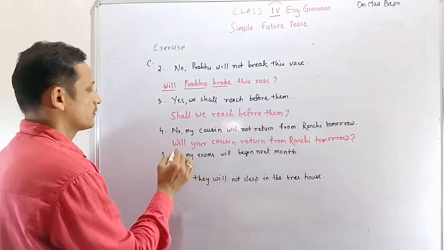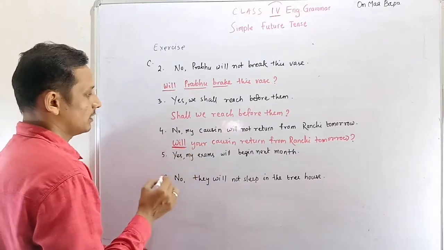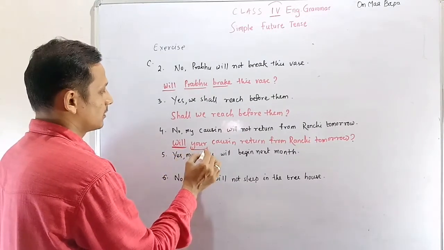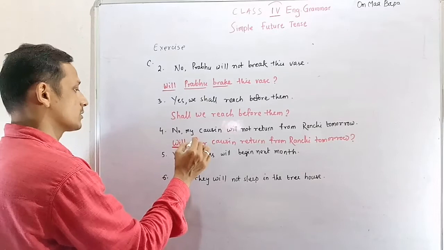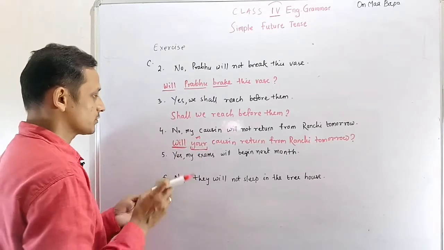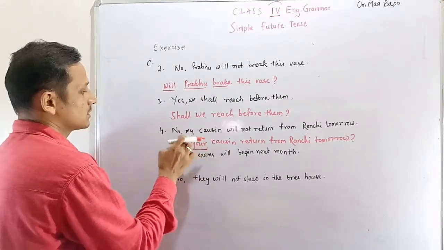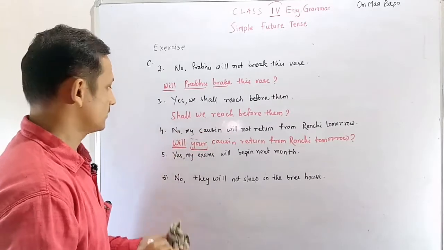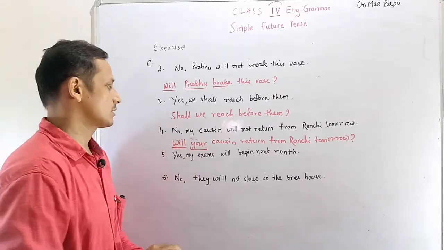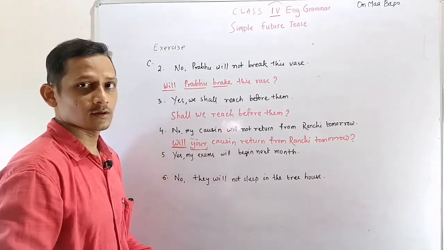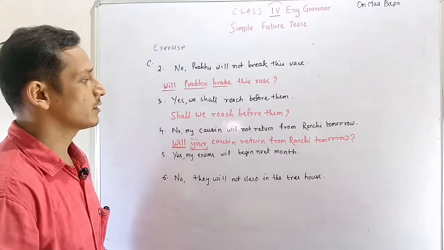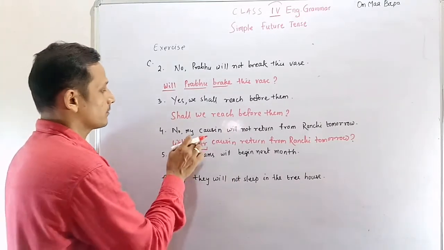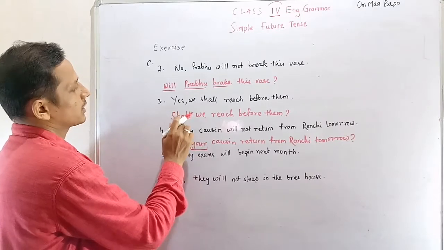First will, then your. We can write my also, but your is more suitable since it's a question. Will your cousin return from Ranchi tomorrow? Okay, here also we can change.